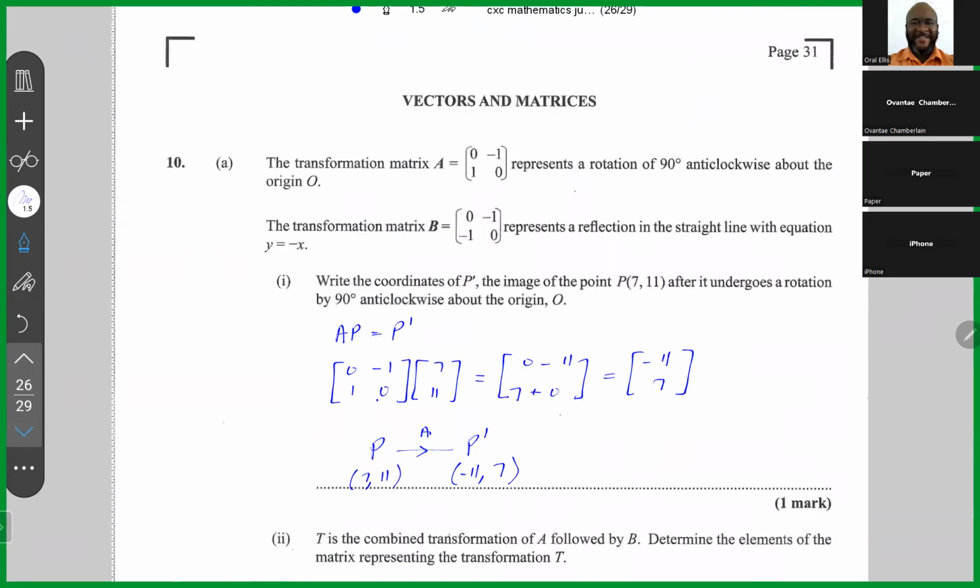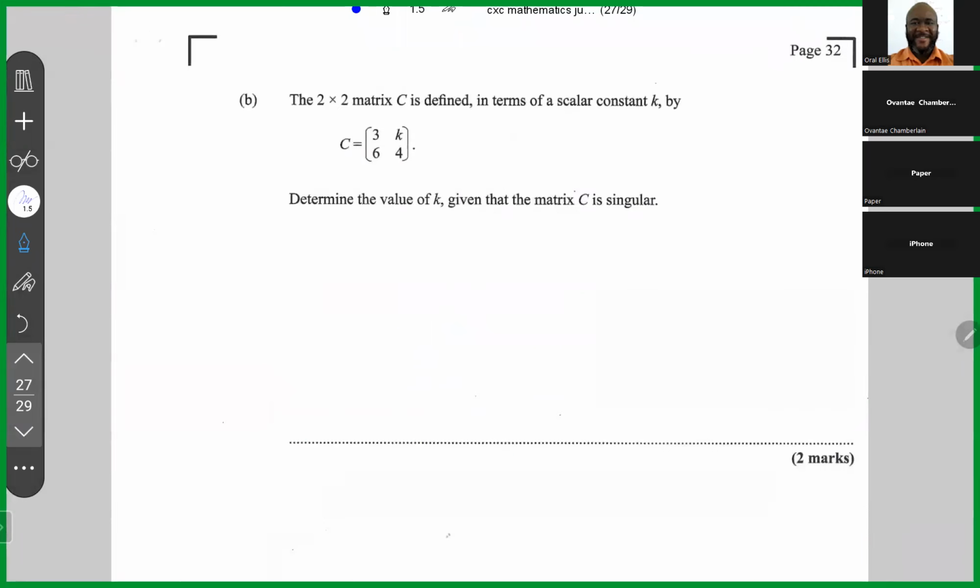All right, moving on. Part B says the 2x2 matrix C is defined in terms of a scalar constant K by C being the matrix 3K, 6, 4. We're to determine the value of K given that the matrix C is singular.